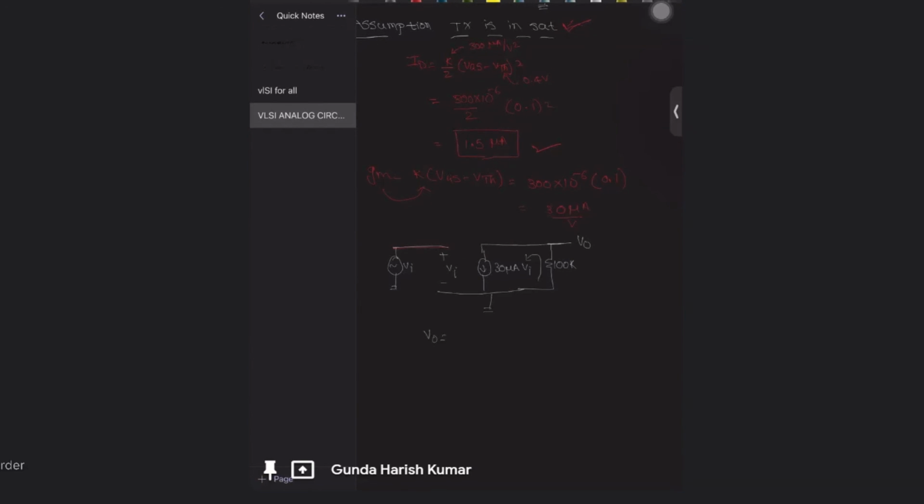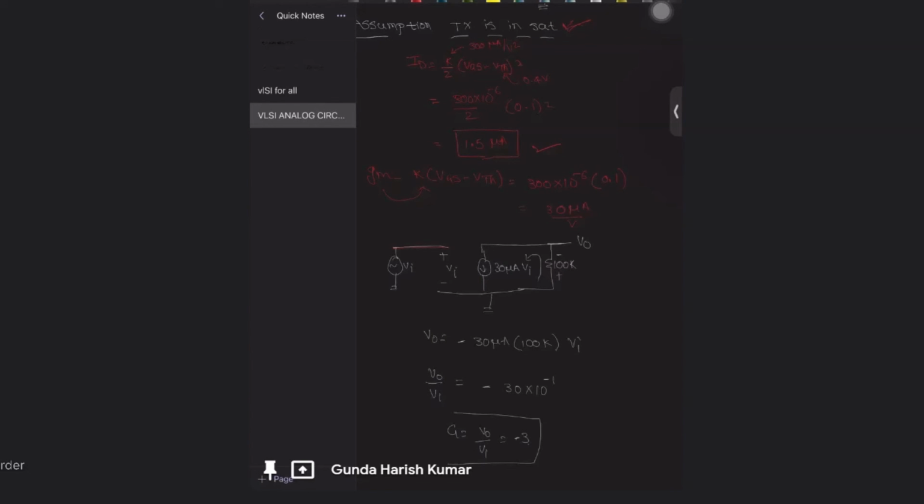So my V0 will be, this current flows from here, so voltage is developed across here, plus minus. So minus 30 microamps of current flowing into 100K, into VA. So V0 by VA equals minus 30 into 10 power minus 6 into 100 into 10 power 3, which is minus 3.